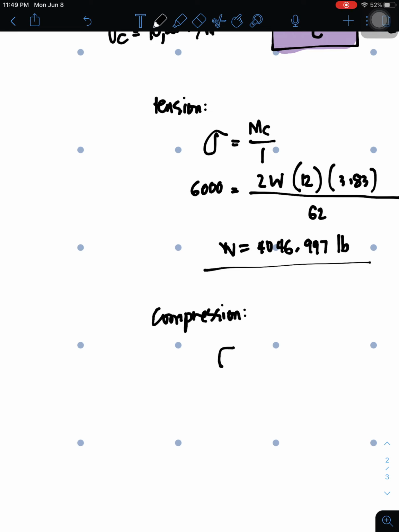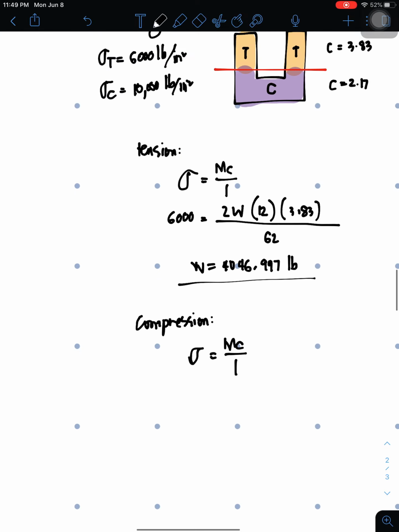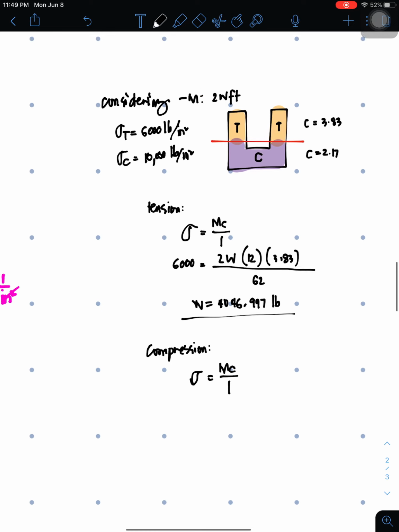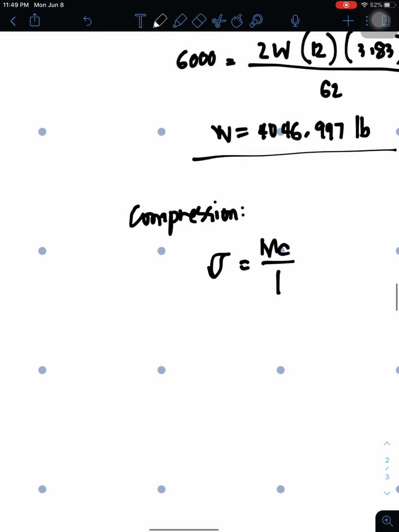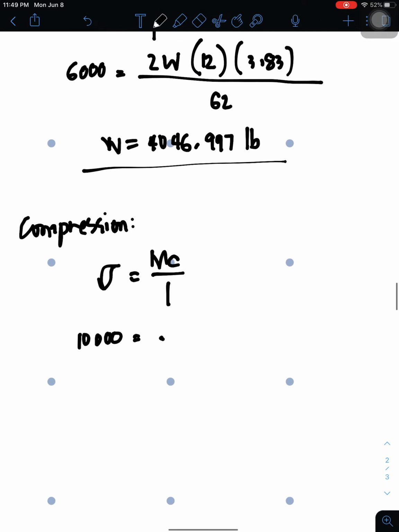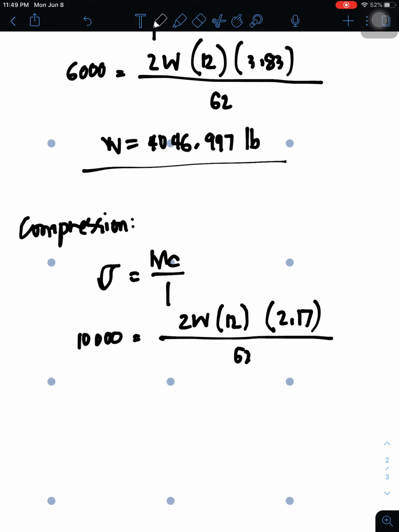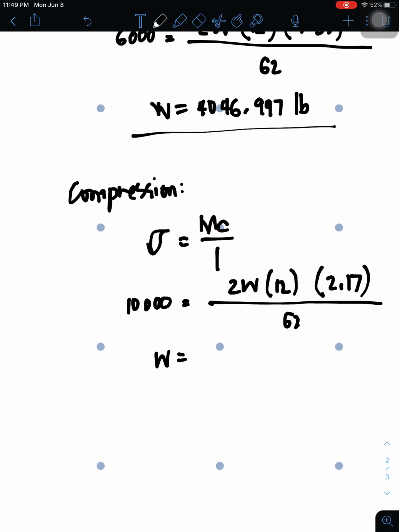Then let us consider compression. Flexure is MC over I again, and we will be using here the 10,000 and this one. So it's 10,000 equal to 2W times, of course, the conversion 12 times 2.17 divided by 62.